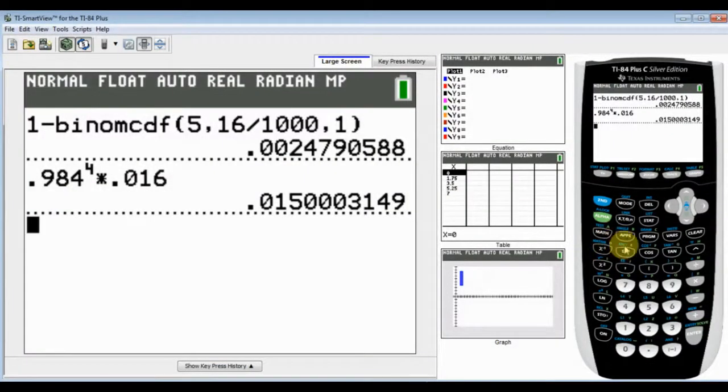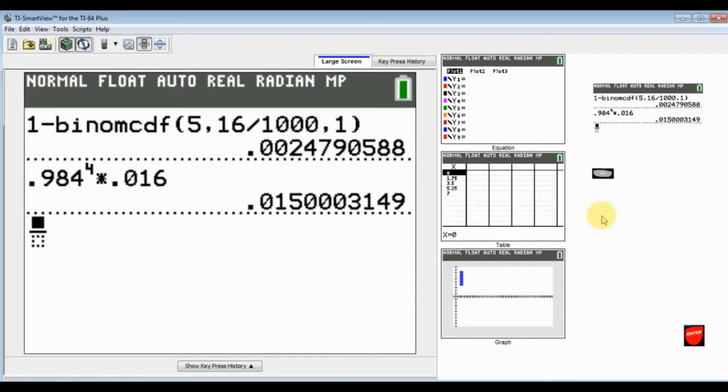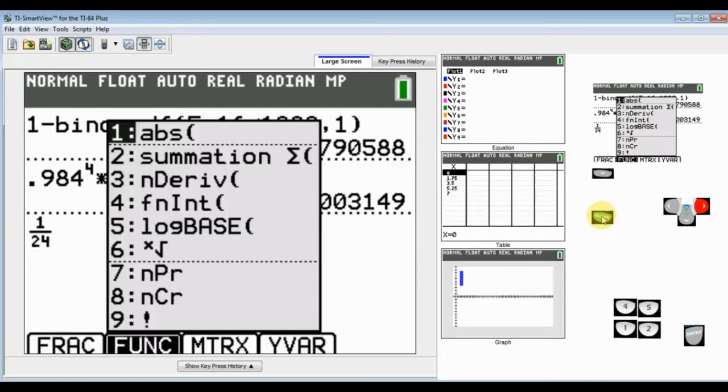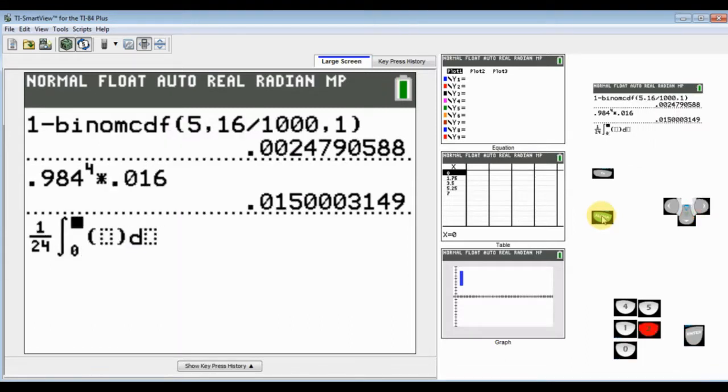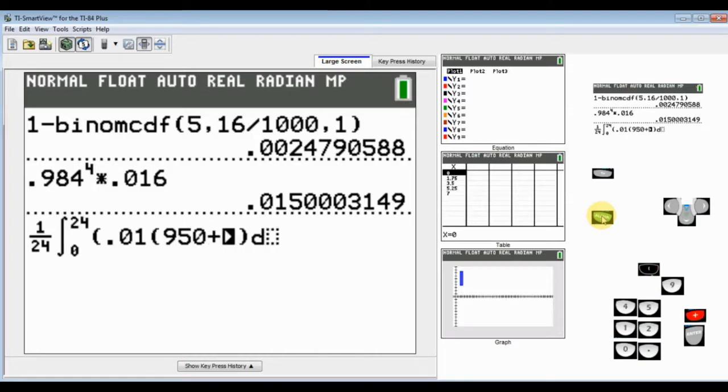Yay! So we're going to take a look at a fraction. Fraction 1 over 24, never mind the 25, times the integral, green F1, times the integral from 0 to 24 of Q(t), 0.01 times quantity 950 plus 25x.